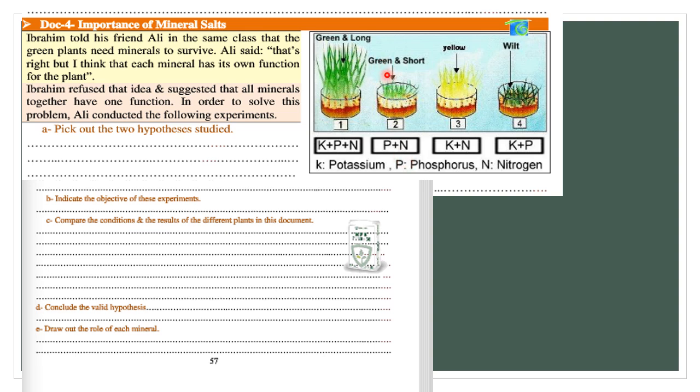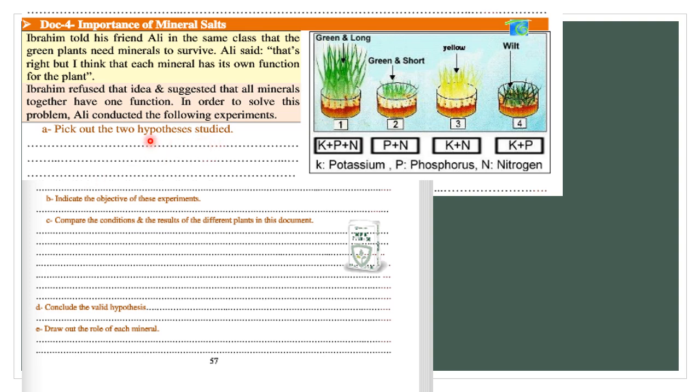So the plant grows green and short. Plant 3 with potassium and nitrogen, no phosphorus. So the plant grows yellow. While plant 4 with potassium and phosphorus, no nitrogen. So the plant wilts. Pick out the two hypotheses studied.